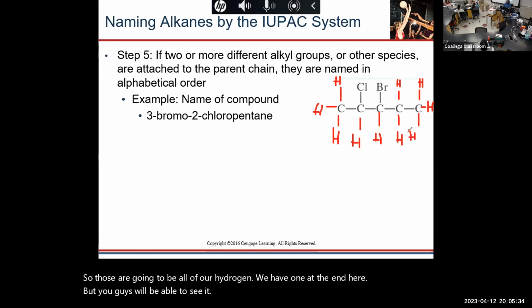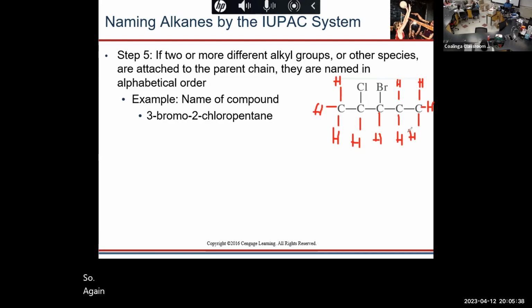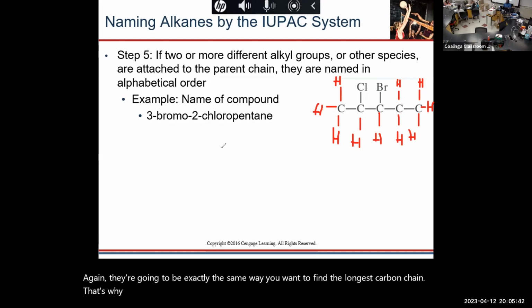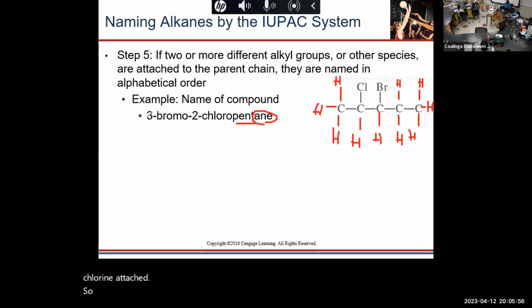Okay. So again, nomenclature is going to be exactly the same way. You want to find the longest carbon chain. That's 1, 2, 3, 4, 5. So we use pent, then ane, since they're all single bonds. Now we have bromine and chlorine attached. So instead of using bromine, we use bromo, and we use chloro.